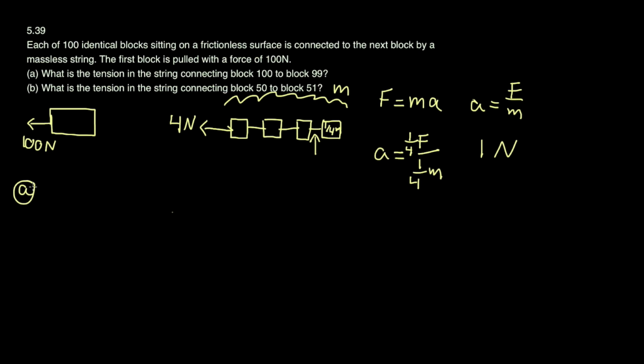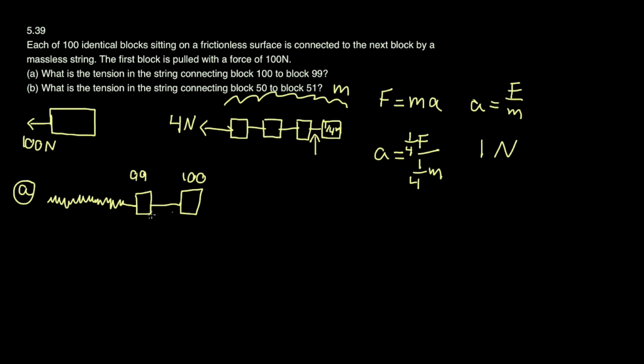But now, let's go back and think about 100 blocks. For A, we want to know the tension in the string connecting block 100 to block 99. Instead of drawing out 100 blocks, I'm just going to scribble a bunch, and then we have block 99 connected to block 100.